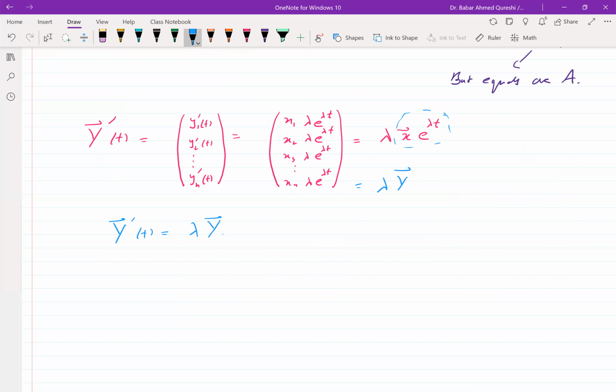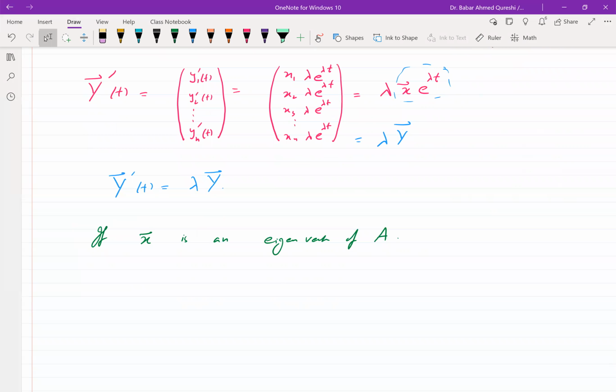And now I want to see when it will be a solution. So suppose this x is an eigenvector of A, then see what happens.